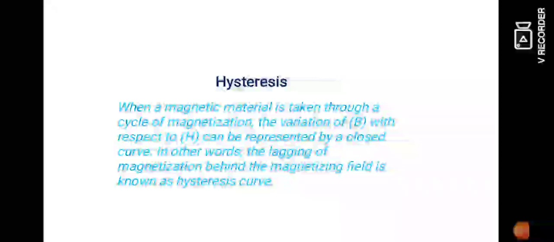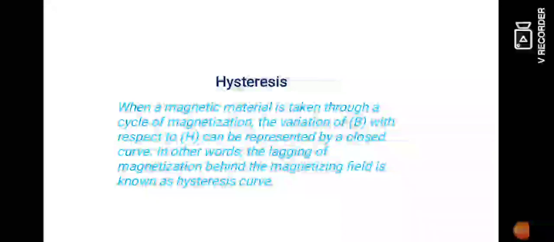This lagging is represented by a curve, and that curve is called the hysteresis curve, and the cycle of the magnetization process is called the hysteresis loop.